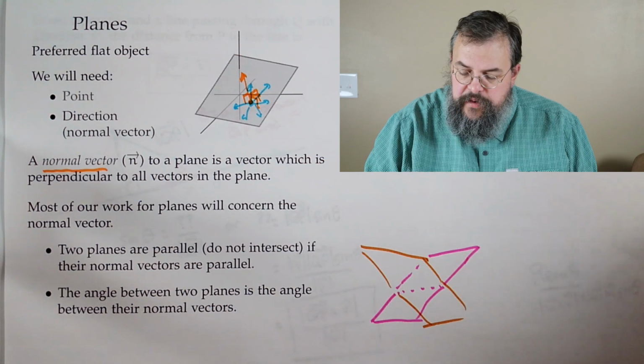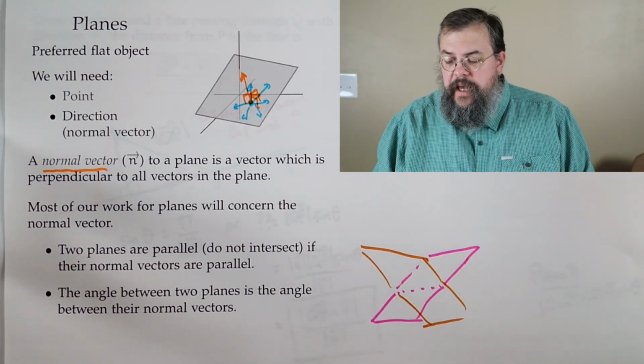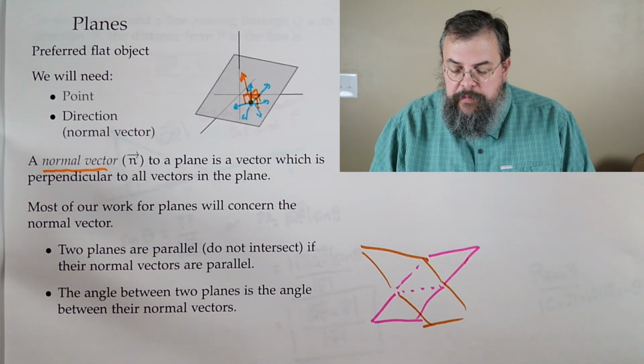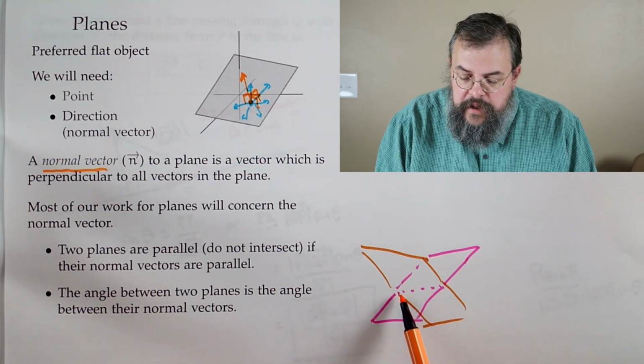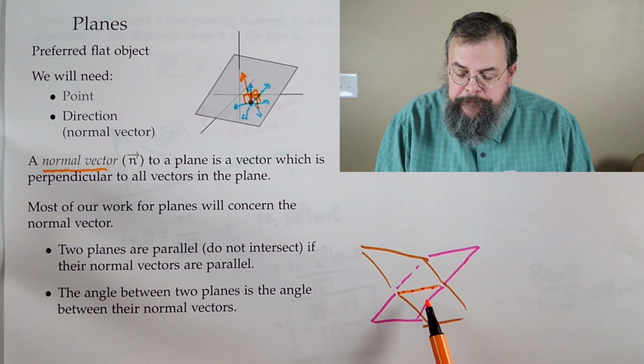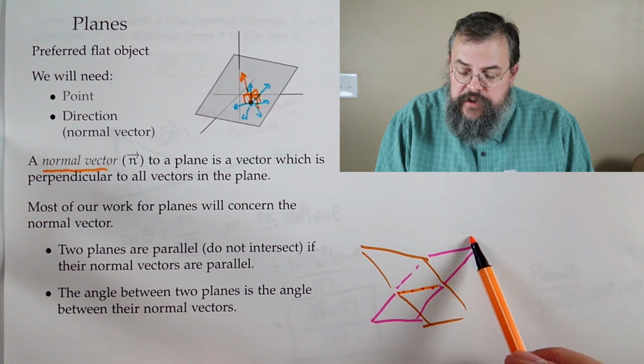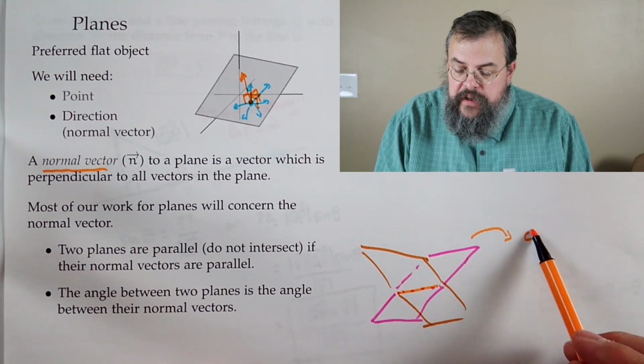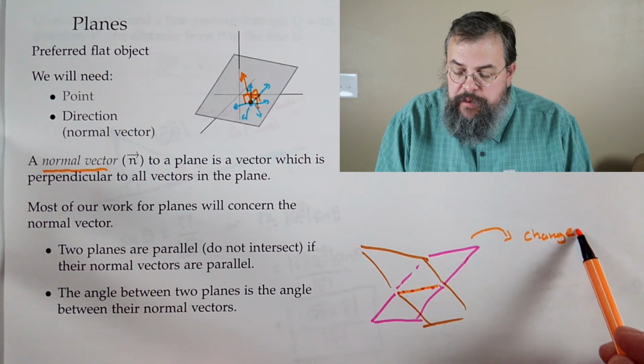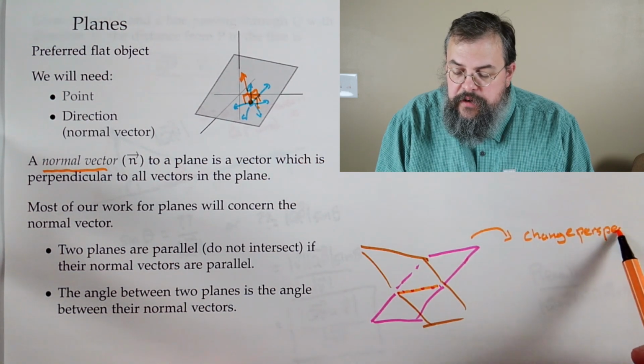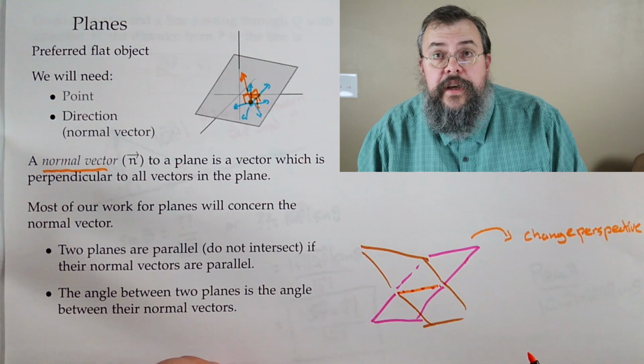Now the question becomes, okay, how do we look at the angle between planes? Well, it's not so clear right away. But what we can do is we can say, let's change our perspective. Now, that's actually a really important idea, and one which we're going to use very frequently in the future.